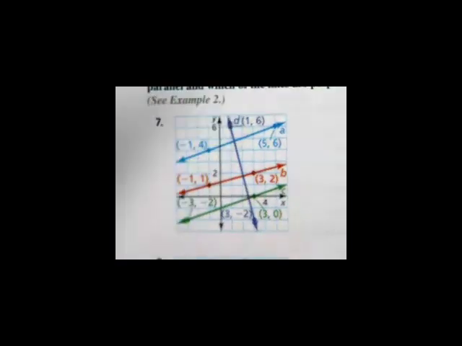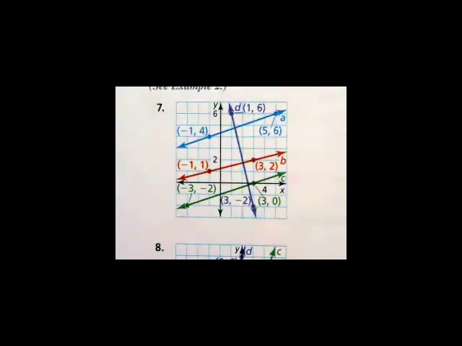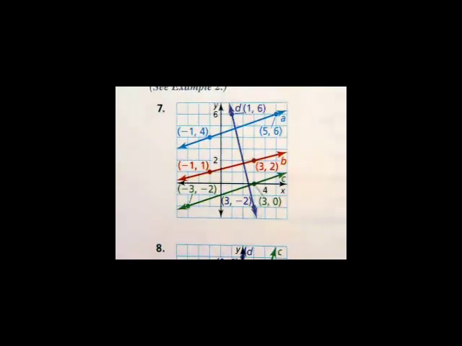Because there are some lines in this picture that look like they're parallel to each other, but aren't actually parallel. And there are some that look like they might be perpendicular, but aren't actually perpendicular. So what's the only way to really know for sure? Either not just write the equation, even simpler than that. What do we need to know about the equations?